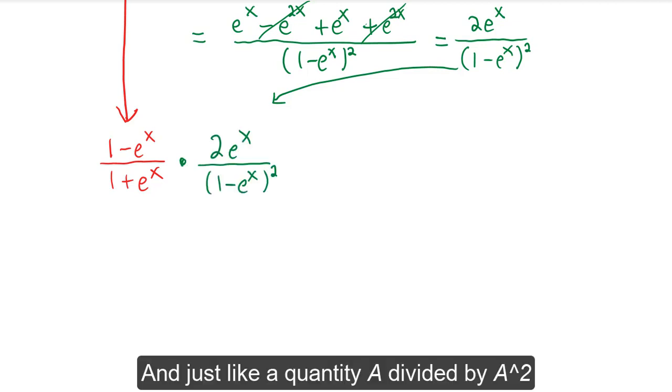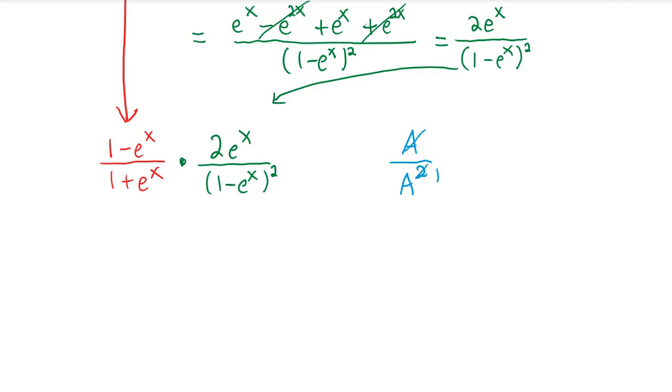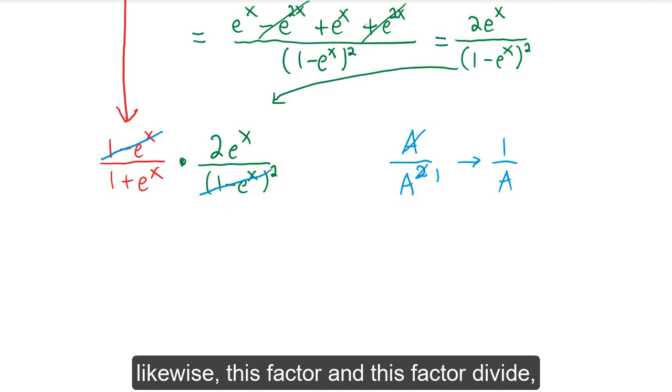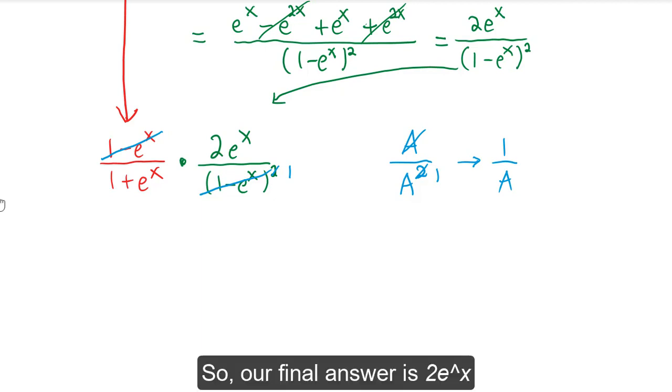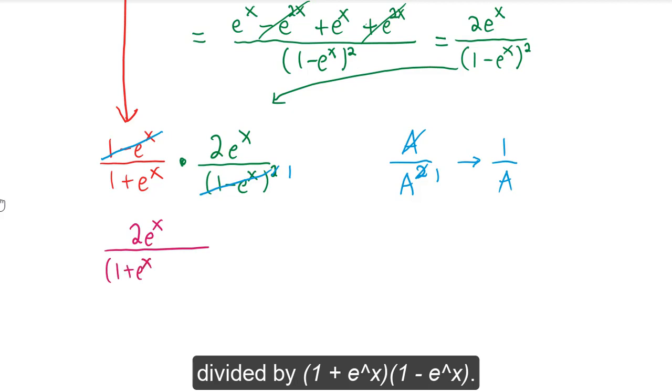And then just like a divided by a squared is 1 divided by a, likewise this factor and this factor divide, leaving us power 1 in the denominator. So our final answer is 2 e to the x divided by 1 plus e to the x, 1 minus e to the x.